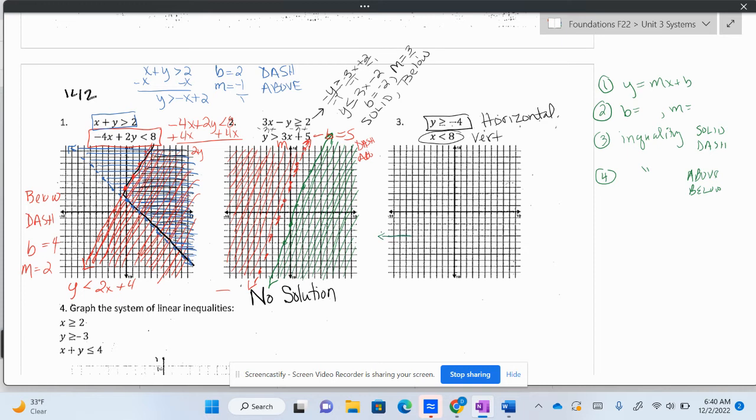And because it's greater than or equal to, it is going to be a solid horizontal line. And because it's greater than or equal to, I'm shading above. So I'm shading above the line y equals negative 4. So that means y is greater than or equal to negative 4.